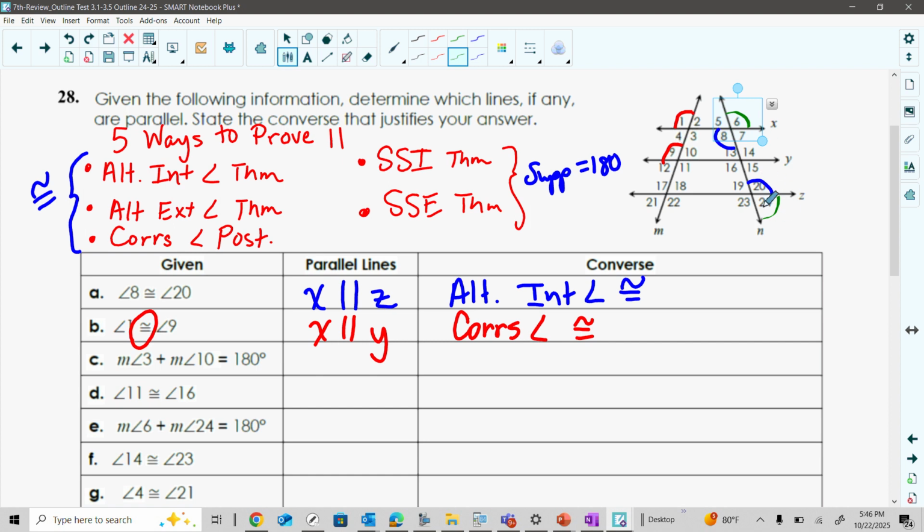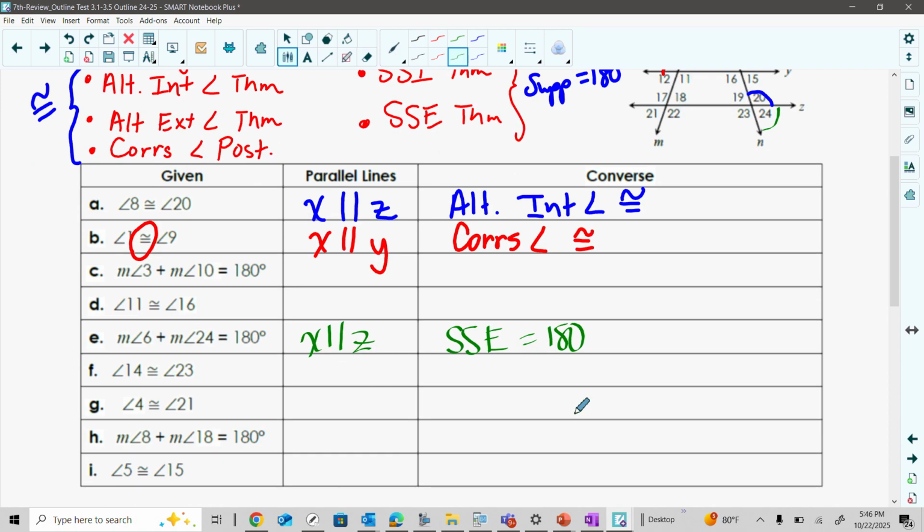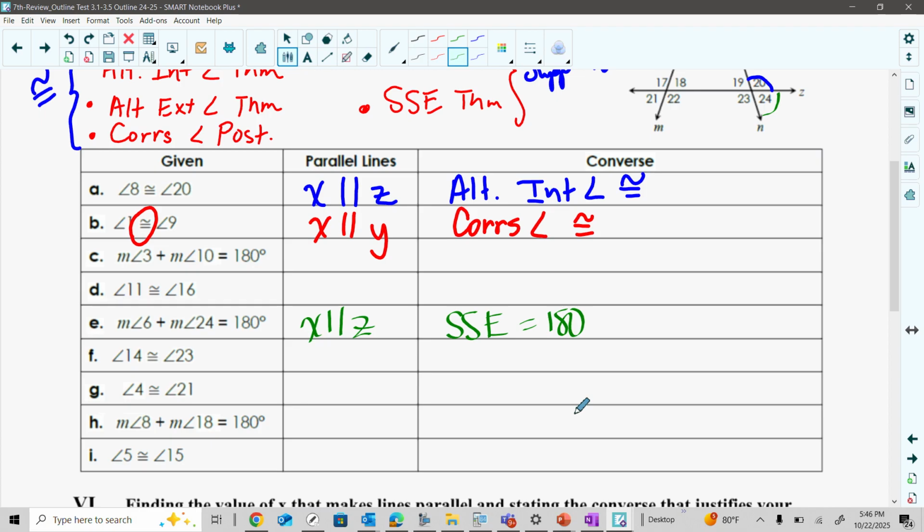So that would work. I can see that the lines that make the angles are X and Z. So X has to be parallel to Z using same side exterior angles equal 180, our supplementary. Okay, so try to determine which lines are parallel.